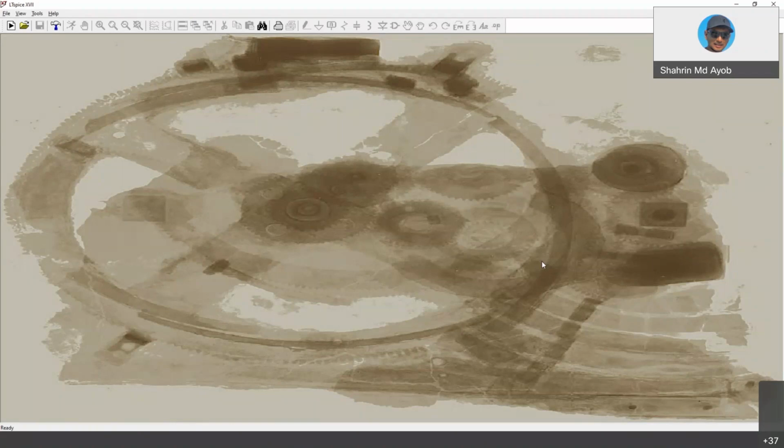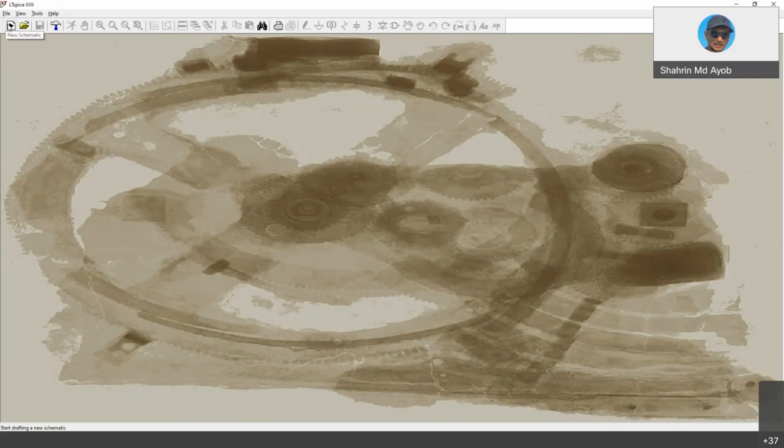LTSpice is quite straightforward software, so you don't need to be very advanced to learn it. When you open LTSpice, you will see an abstract drawing here, which is very unusual for engineering software.